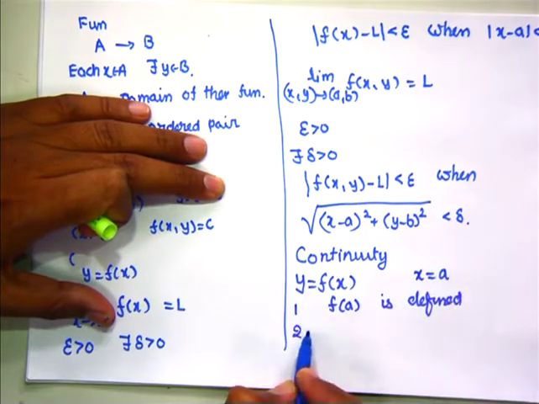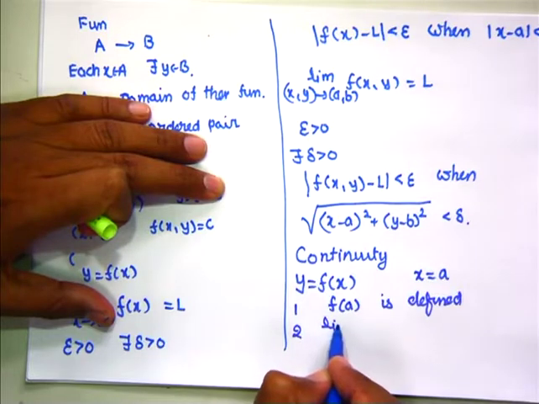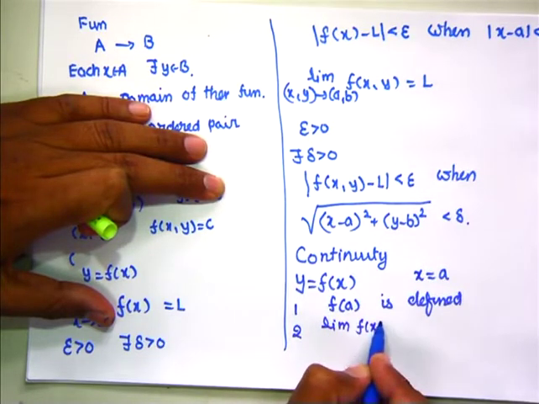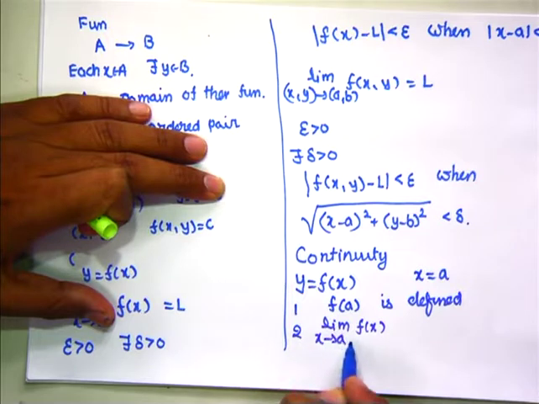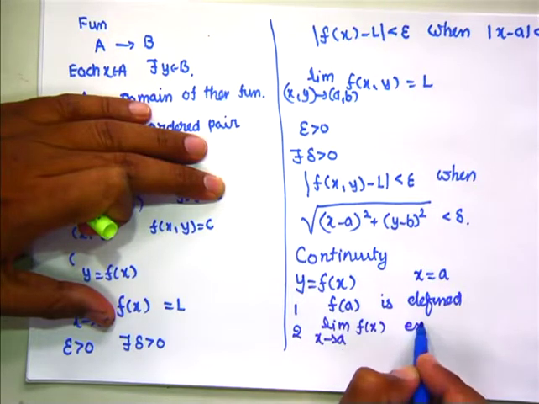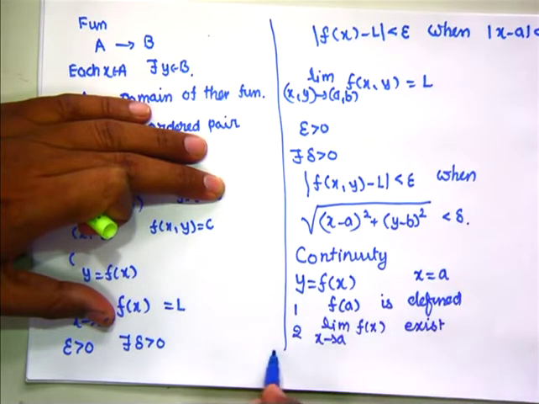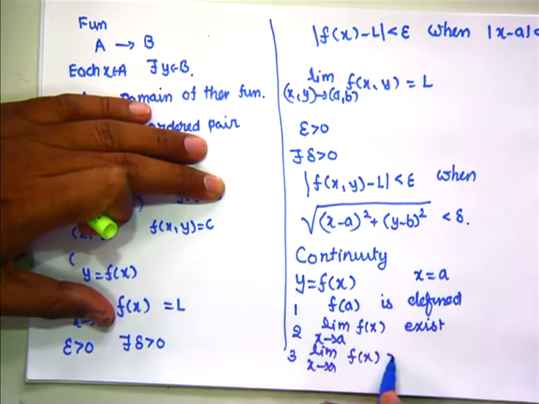Second, the limit of the function as x tends to a exists and is a finite value. And the third condition is that the limit of the function at a is the value of the function.